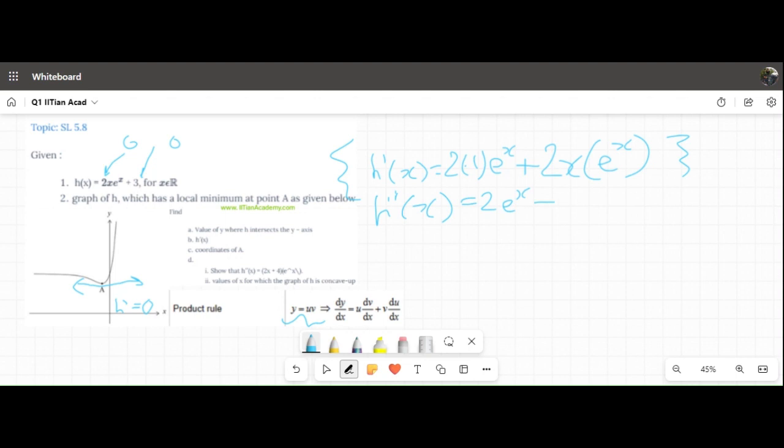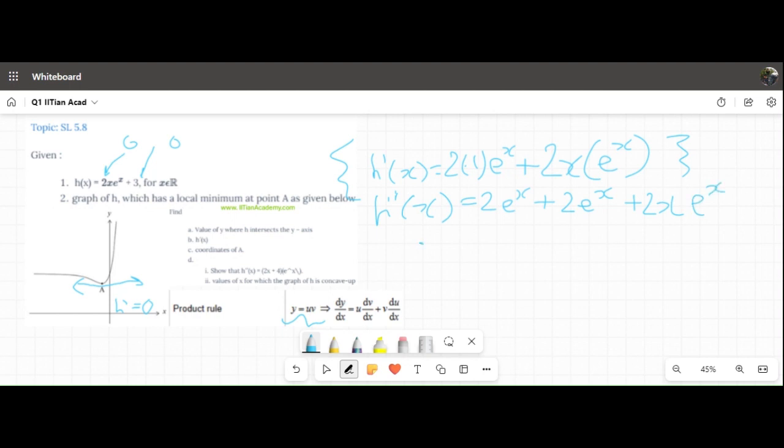And then for our second term, we will again be using the product rule. So we'll first take the derivative of 2x, which is just 2, and that will be times e to the power of x, plus the derivative of e to the power of x multiplied by 2x, which will just become 2x e to the power of x.